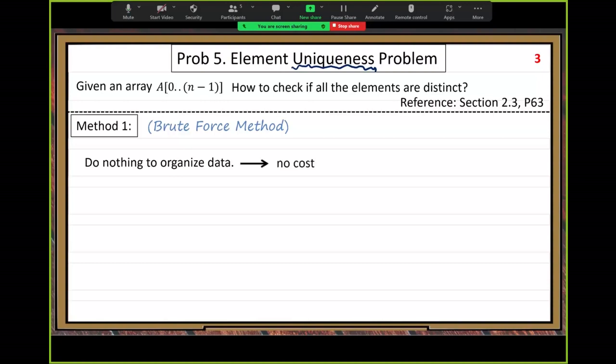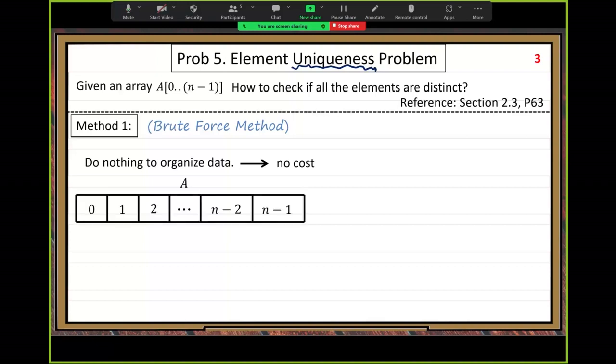So that means we do not pay anything. There is no cost in the data organization step, no cost for the first method. Our second method, we will pay some cost. We will do some work to organize the data.